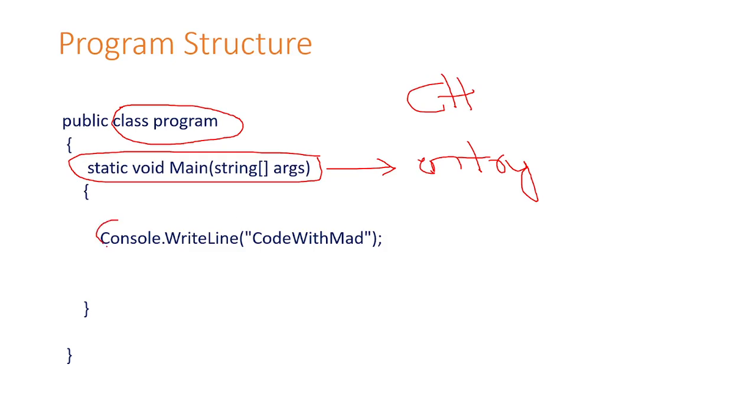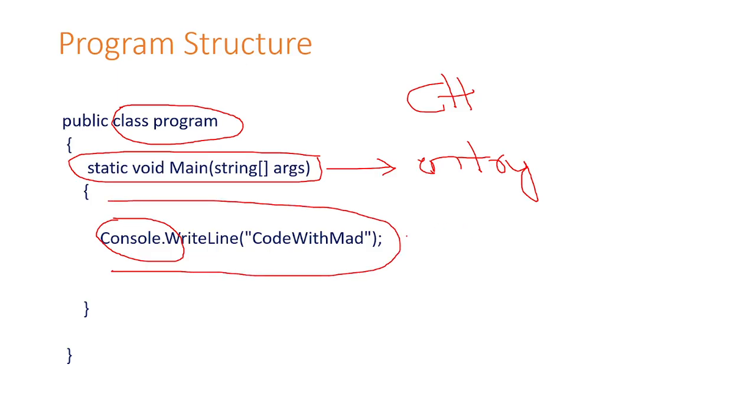And this is Console.WriteLine. This is the part of the code where we can write whatever we want. For example, I'm going to print "code with Mac", or "Hello world", like that.